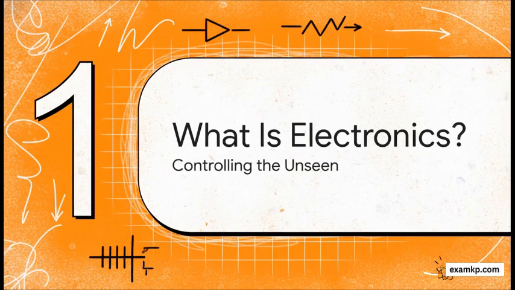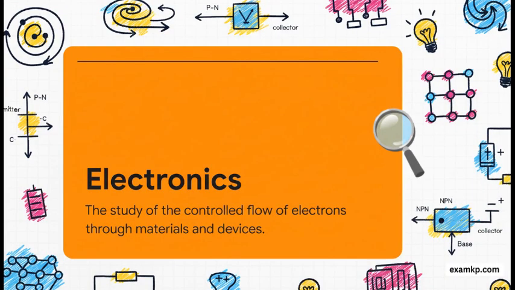Okay, let's start right at the beginning. Before we can get into diodes and transistors and all that cool stuff, we really need to know what we're talking about. What is electronics really? So, you can think of it like this. Regular electricity, that's kind of like a big, powerful river just flowing wherever it wants.